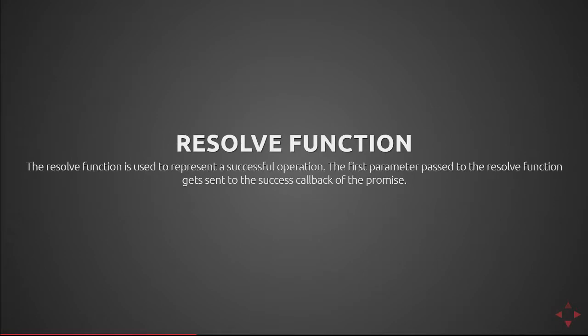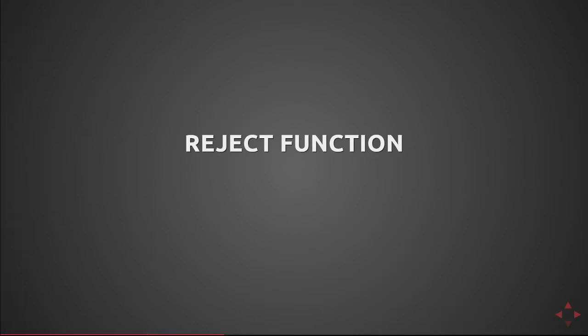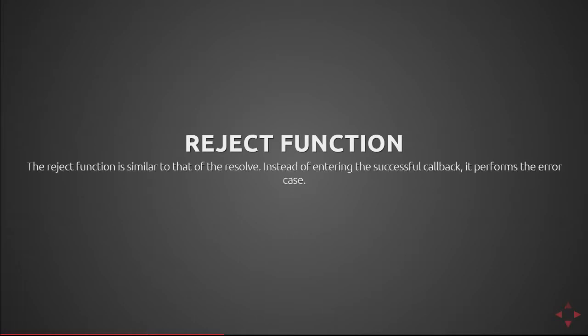The resolve function is used to represent a successful operation. The first parameter passed to this resolve function gets sent to the successful callback of the promise. The reject function is the same concept, but it handles the error portion of an asynchronous operation.